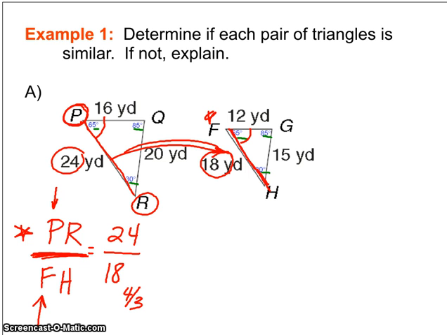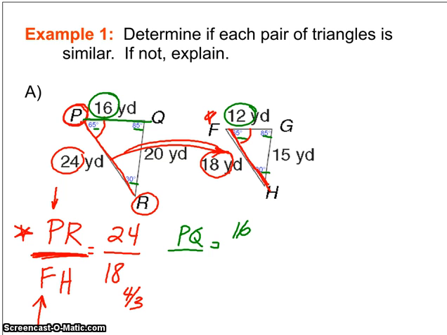This time I'm going to find my shortest side. So I have 16 on the first shape and 12 on the second shape. Okay. So go back up to 16. Again, 16 is PQ or QP. It doesn't matter which one you choose as long as you're consistent with the second one. I'm going to do PQ. And that length is 16 yards.